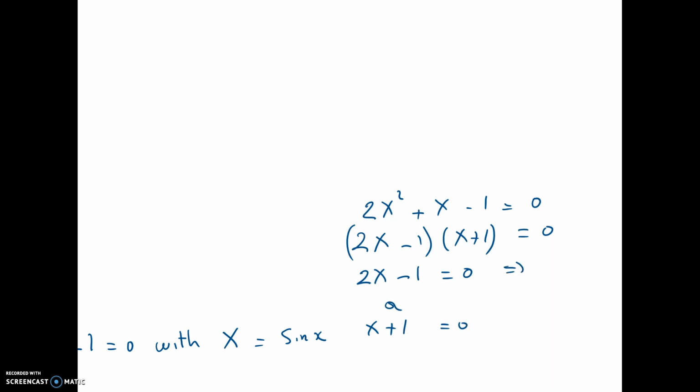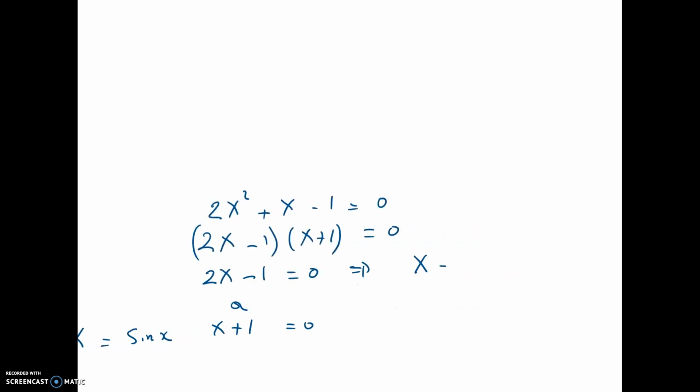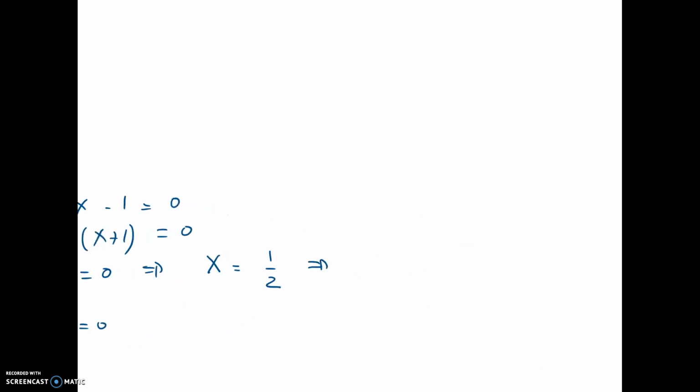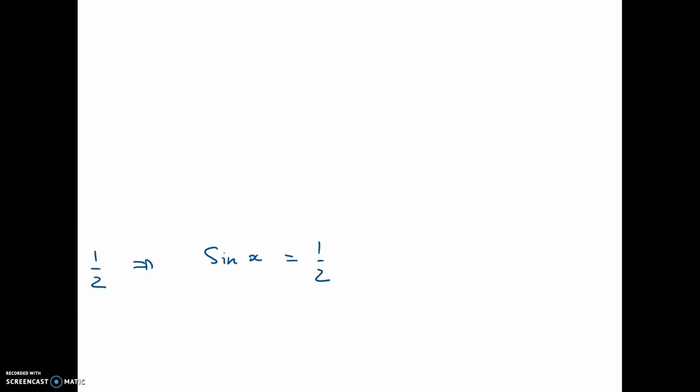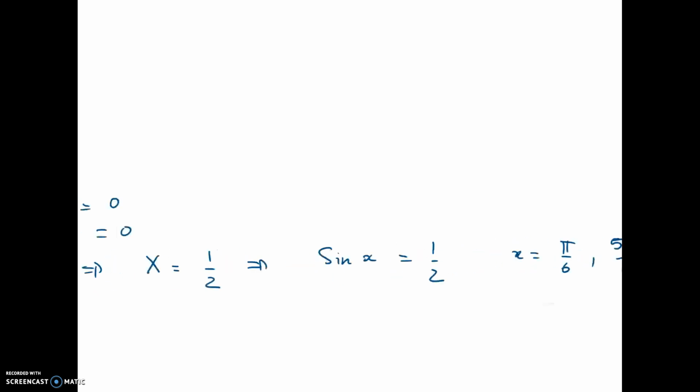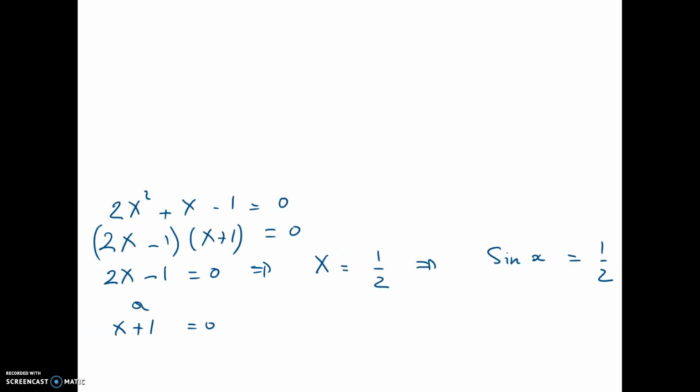The first parenthesis brings me to capital X equal 1 over 2. I know that capital X equals sine of the angle x equals 1 over 2, and that implies that x equals pi over 6, 5 pi over 6. For the other one, I end up with capital X equal negative 1.